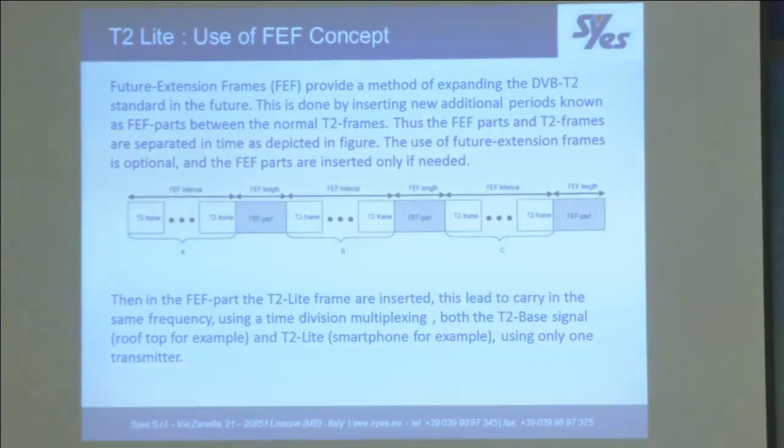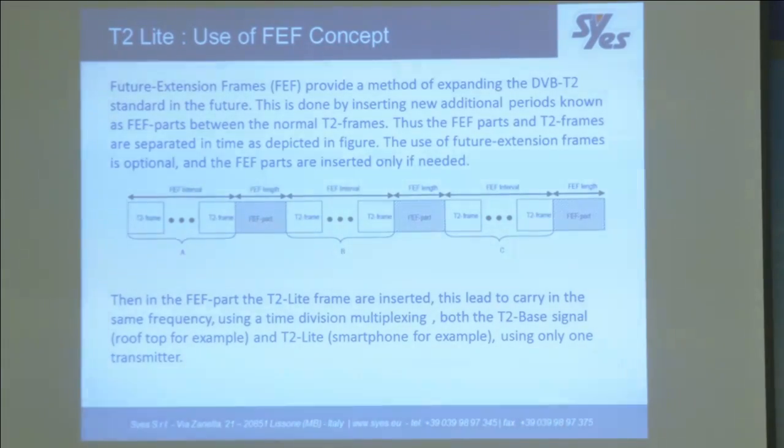Future extension frames are a sort of null period that can be added at the end of the T2 frame in order to take into account future improvements of the standard. One of these improvements is the use of DVB-T2 Lite, which means that inside the future extension frame, the T2 Lite frame has been added.